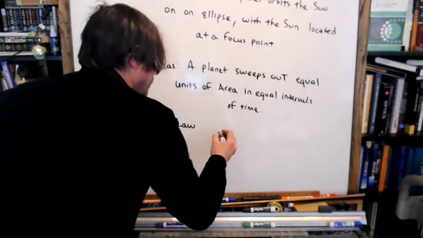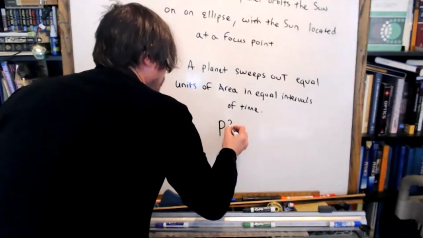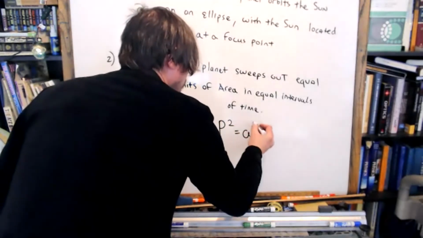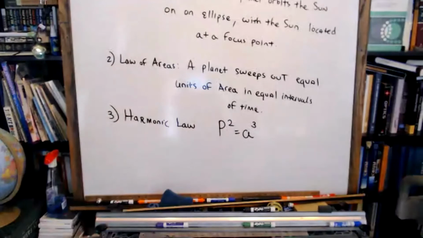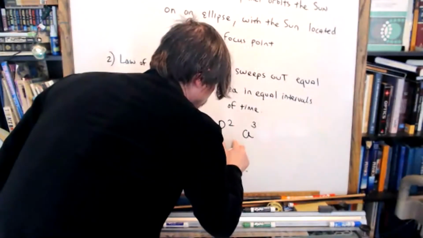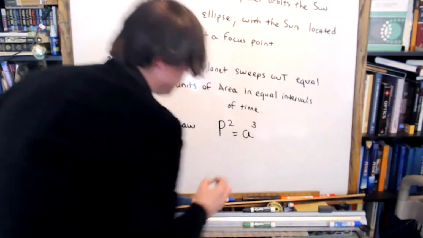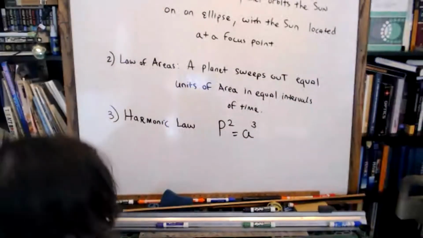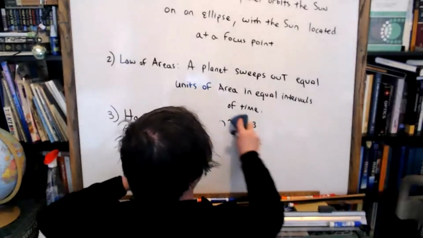The harmonic law goes like this. P squared is equal to A cubed. Kind of piled those on top of each other. Let me write it better.